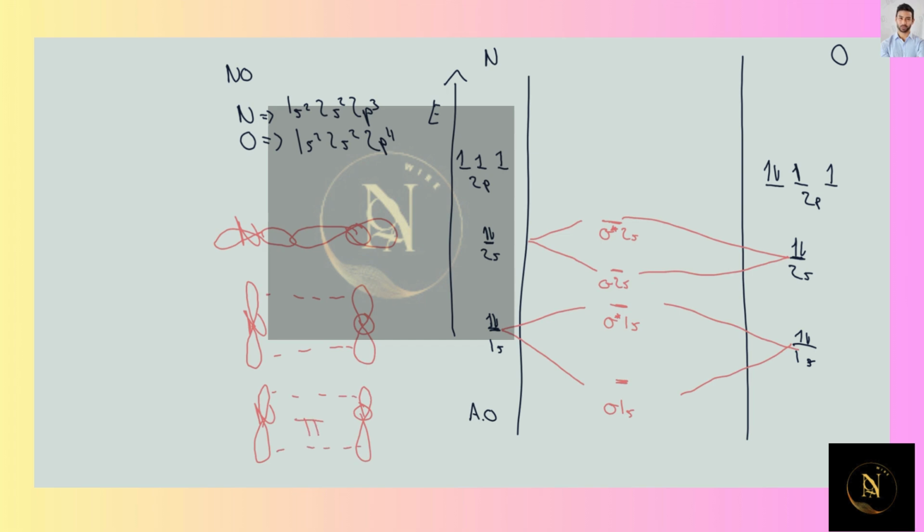These are pi interactions, while this is a sigma interaction. So for the 2p orbitals, I'm going to put them over here.